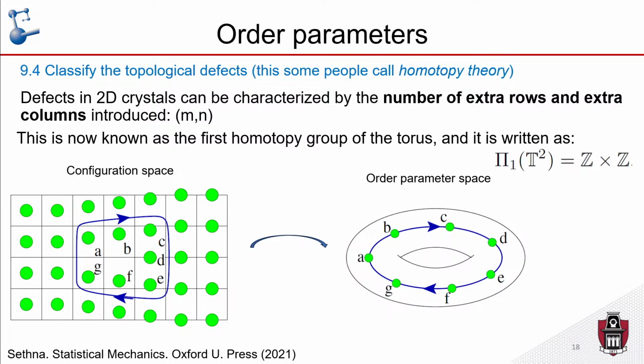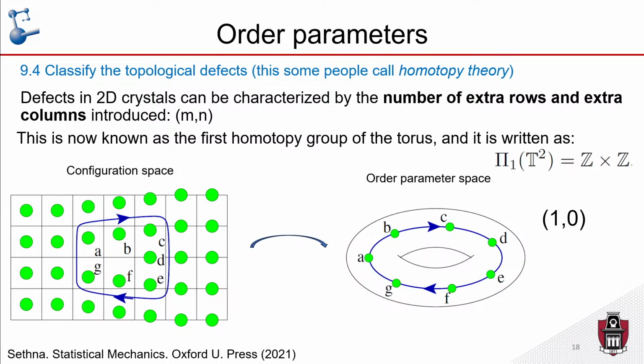So this class is equivalent to C outer product with C, and that's because you can wind a topological defect around this direction or around this direction. So this is a particular example where the topology is not defined by a single number, but by 2 integers.